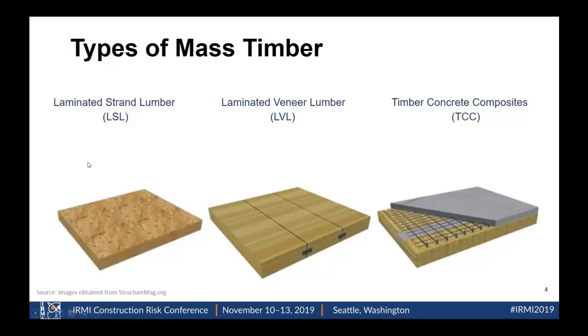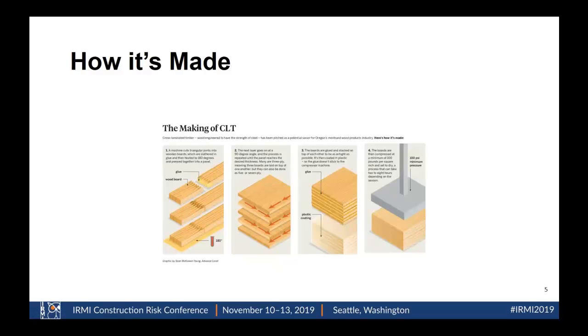There are a few others: laminated strand lumber, laminated veneer lumber, and timber concrete composites. CLT is made with finger joints for the splices on the long runs.